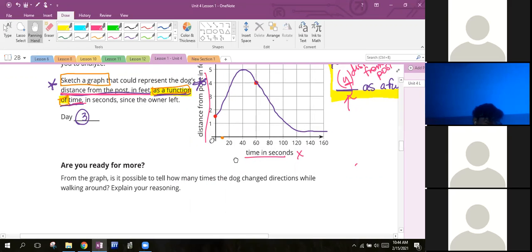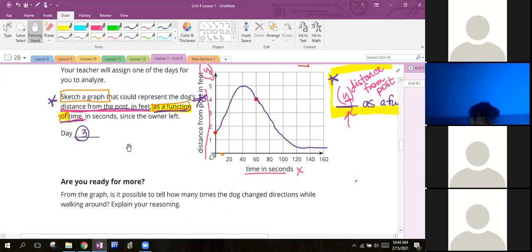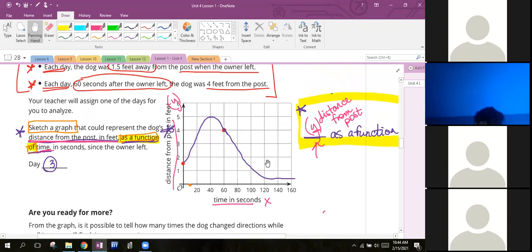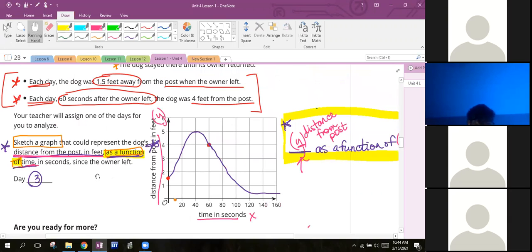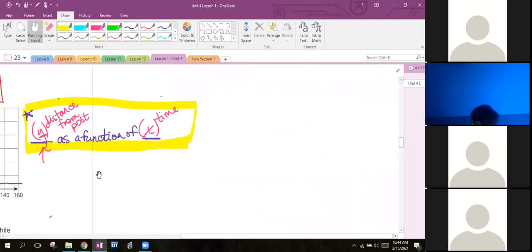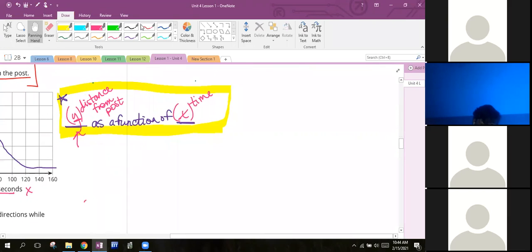Okay, so that brings us back to this little description that we posted earlier. Hopefully you have this written somewhere on your paper. So why does it make sense that it was written this way? And we kind of already talked about it a little bit.